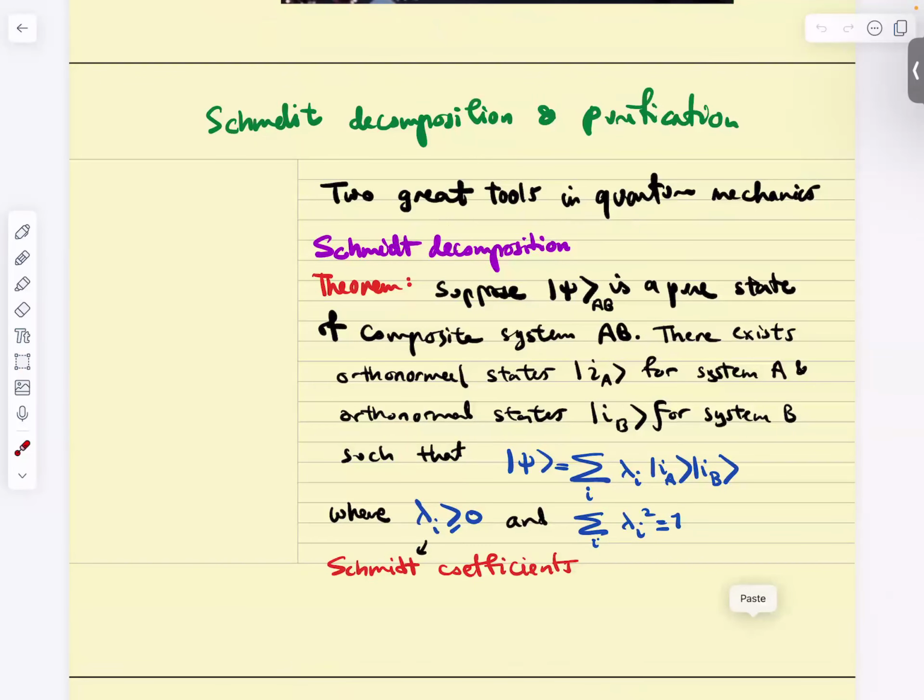So what is Schmidt decomposition? Here's a theorem. It says, suppose ket psi AB is a pure state of composite system AB.